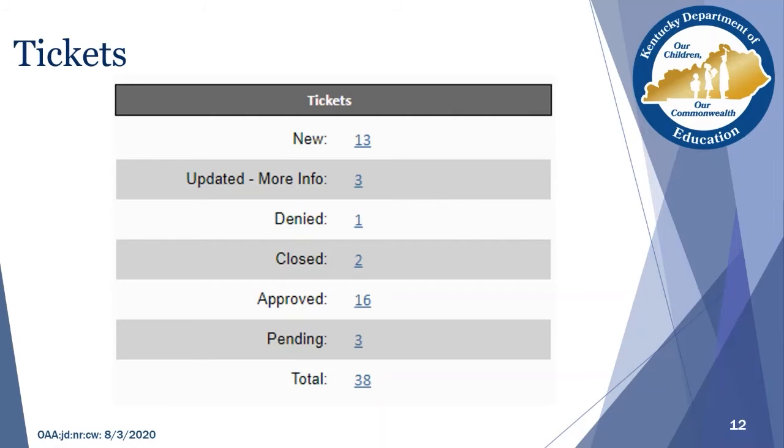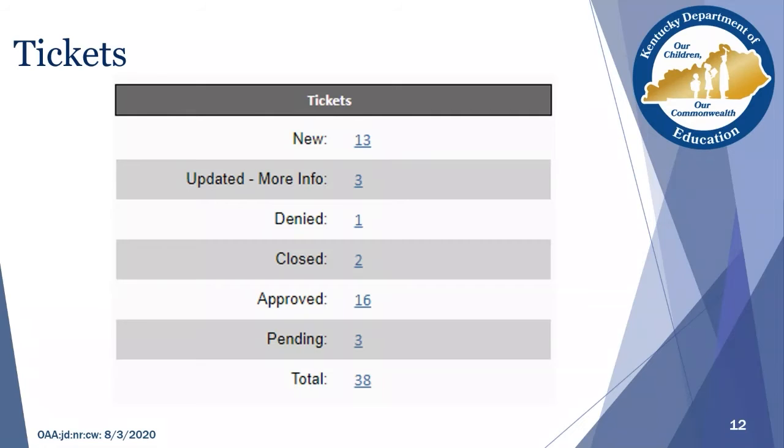If I'm a district level person, and that's our district assessment coordinators, they're going to be able to see all of their schools and all of the tickets and things that have been submitted for all their schools in their district.